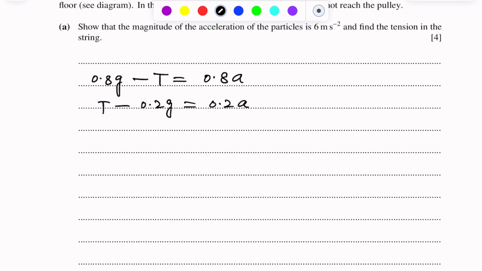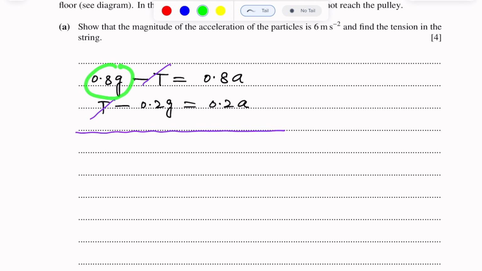Now simplifying, we are adding these two equations. Minus T and plus T cancel out. 0.8 g minus 0.2 g becomes 0.6 g, is equal to 0.8a plus 0.2a, which becomes 1a.